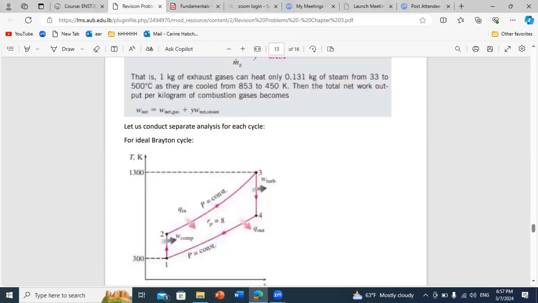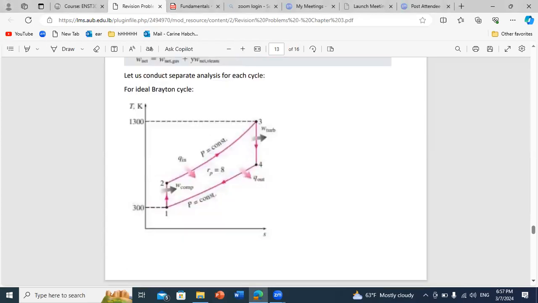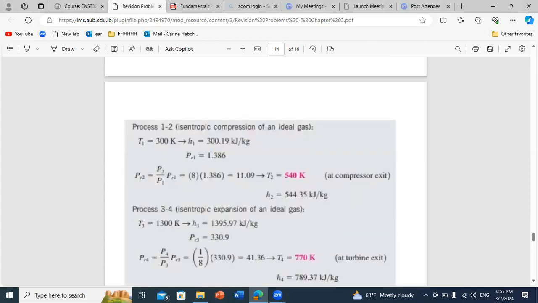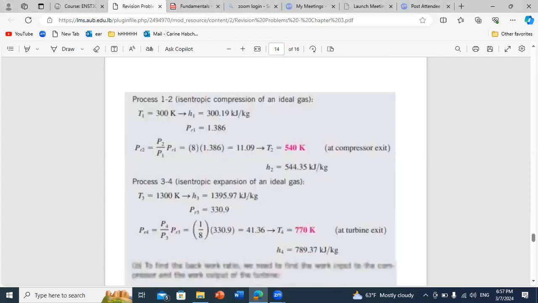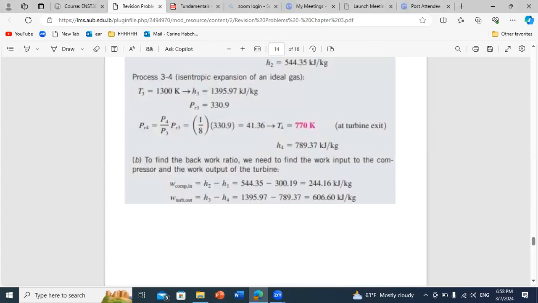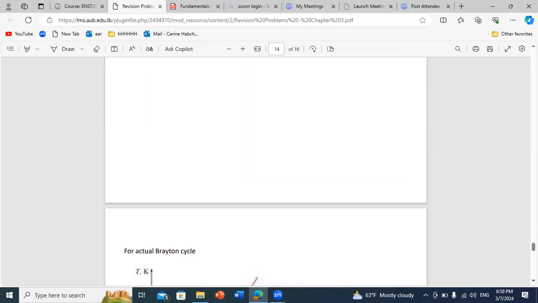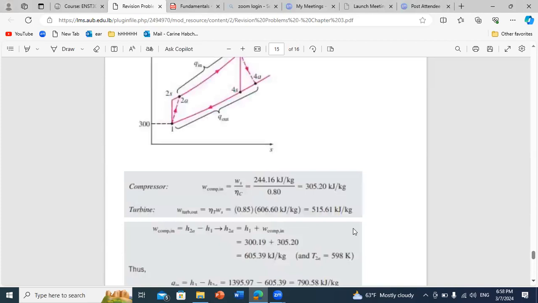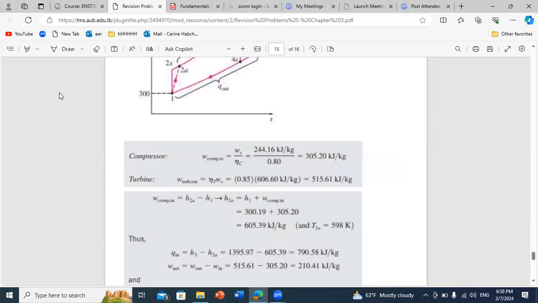And from doing analysis of each cycle separately, as we did at the beginning of the problem, we can get all properties needed, the different enthalpies needed, and using isentropic efficiencies. So as we mentioned, for example, you can calculate first W ideal for the compressor, W isentropic. And you say, because we have some losses, we need to supply more energy.